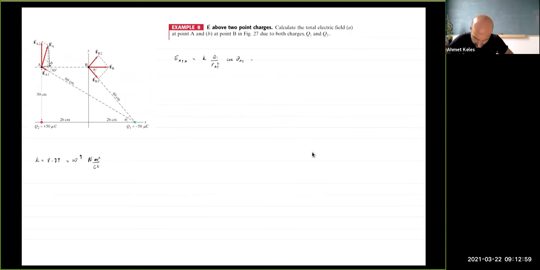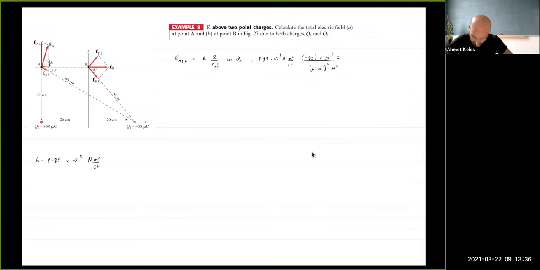So this should be what? 8.99 times 10 to the 9 Newton meter squared over Coulomb squared, Q1 is minus 50 times 10 to the minus 6 Coulomb, divided by the distance, which is 60 centimeters, which is 6 times 10 to the minus 1 squared.